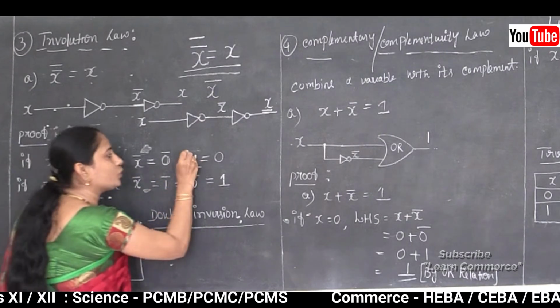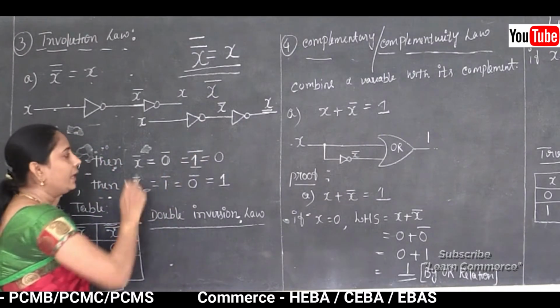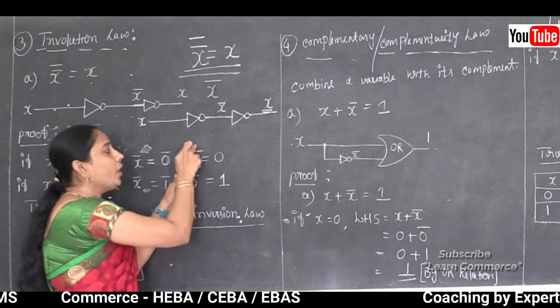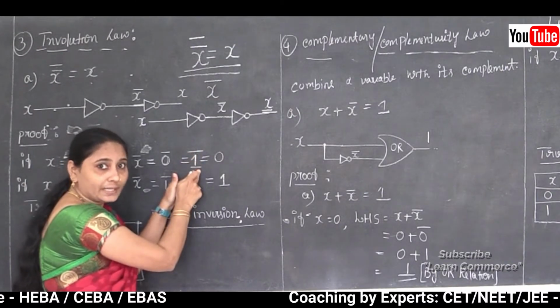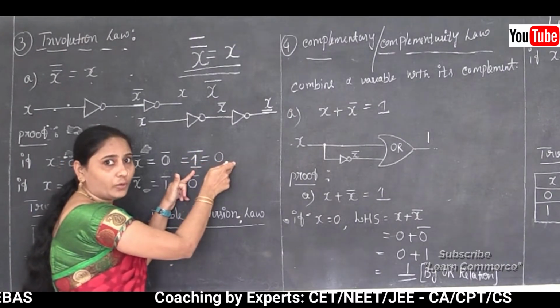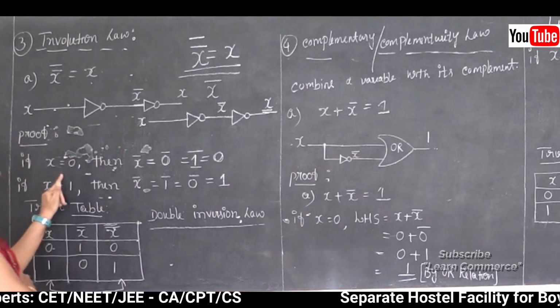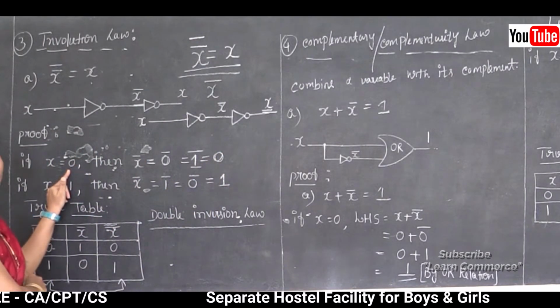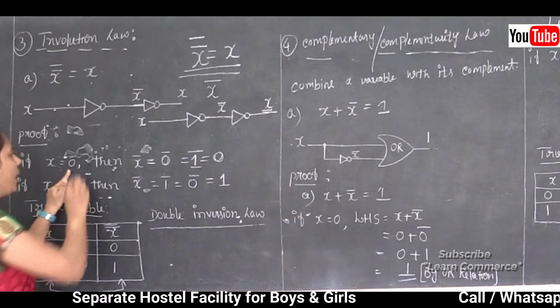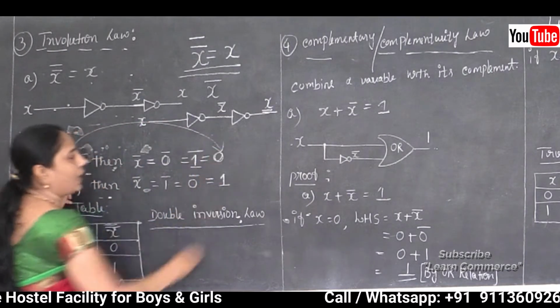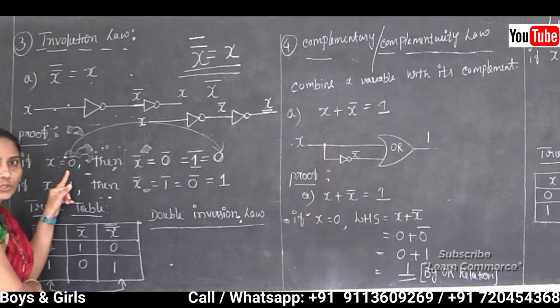And again we need to make the complementation. Now how do we read it? Not true, that is equal to false. The value of false is 0. Now check what the value of x is. The x value is 0, and the answer we get at last is also 0.